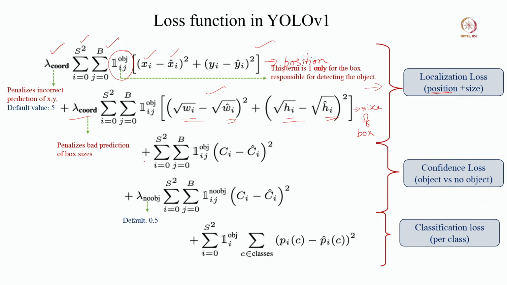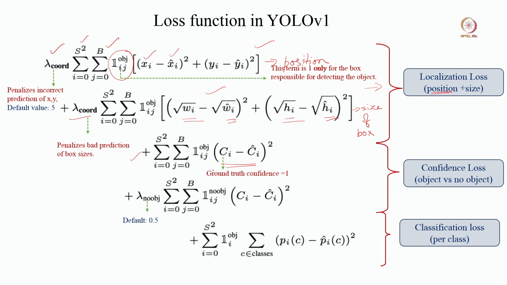Now, there is another term. This is a part of the confidence loss, that means object versus no object. It means that if there is an object and the model says there is no object, then the loss comes into the picture here.